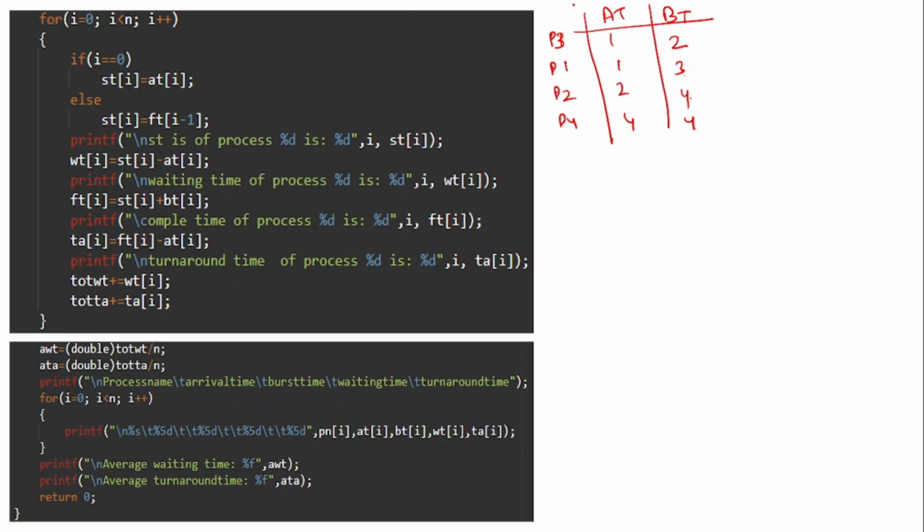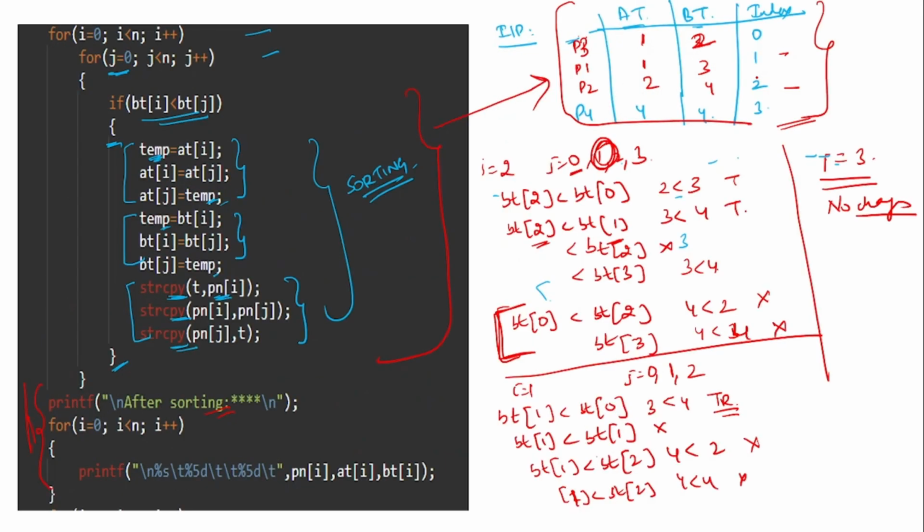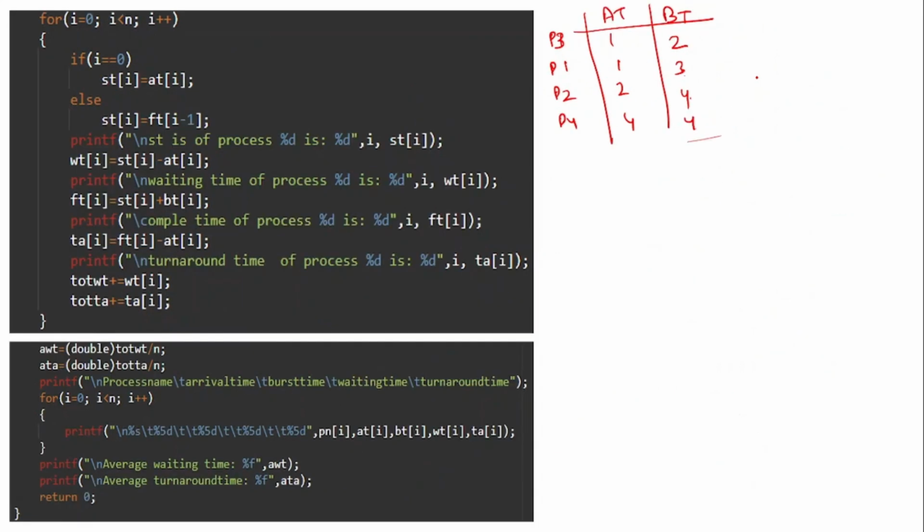I have the table in the order in which the smallest process comes first as per the shortest job first logic. So the idea for this algorithm was to get a sorted table as per the burst time. Now I can directly calculate my waiting time, the turnaround time, the finish time from this table itself.